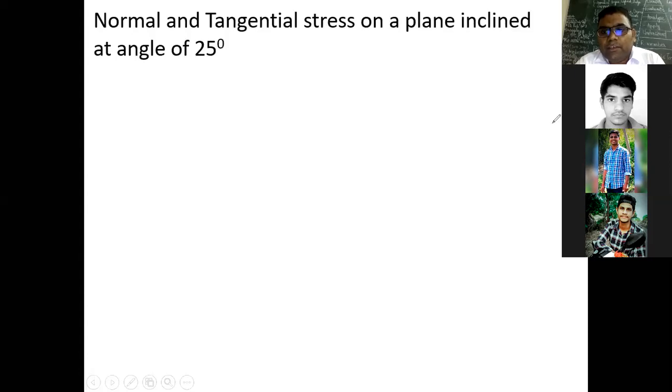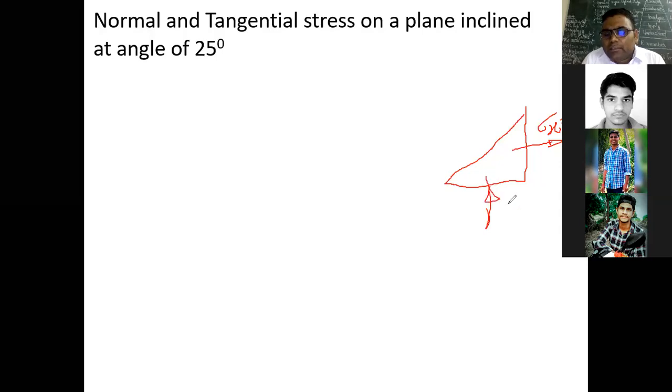Let's draw it. Assume that this is a triangle. This one is sigma x, which is given as 50, and sigma y is like this, 30 megapascal.